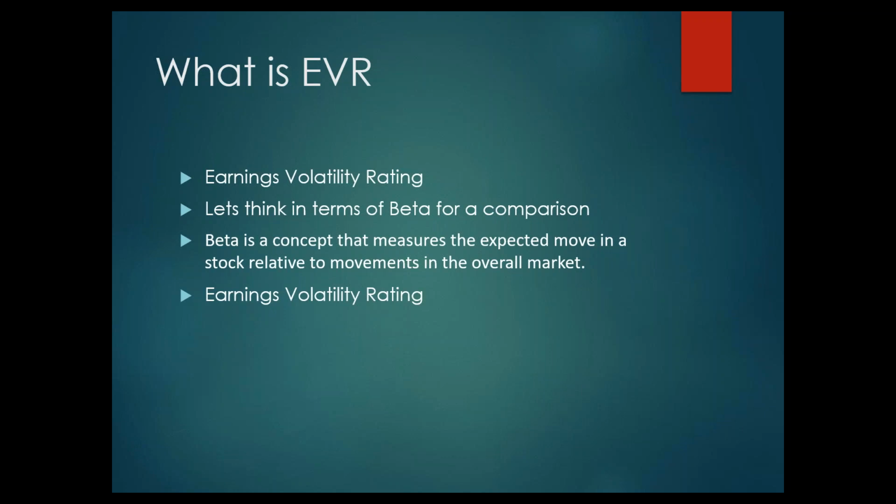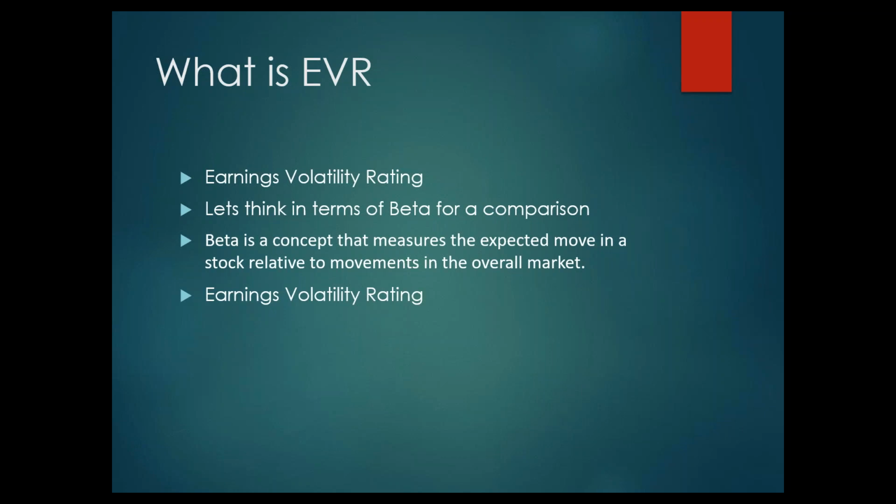The S&P 500 is presumed to have a beta of 1, so it is the standard. Everything is measured against it. If your stock has a beta higher than 1, that means it's more volatile than the S&P 500. If it has a beta lower than 1, that means it is less volatile than the S&P 500.